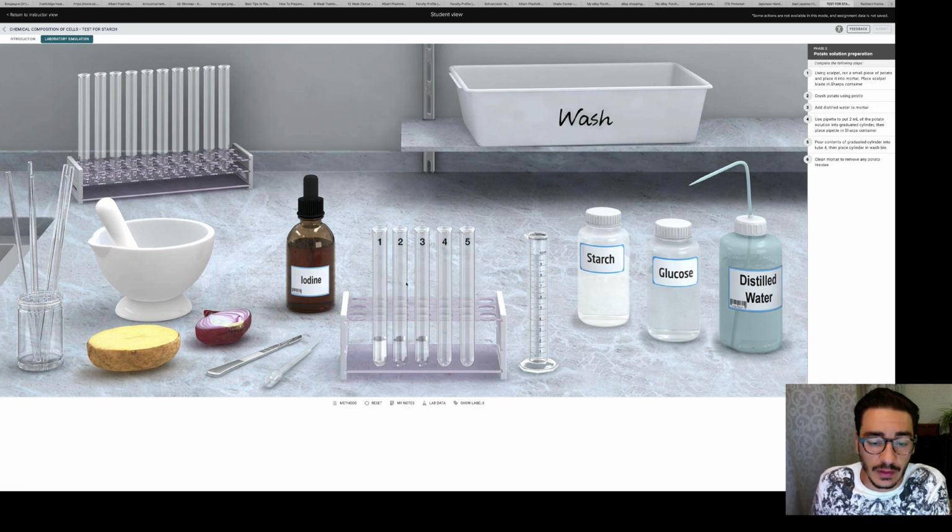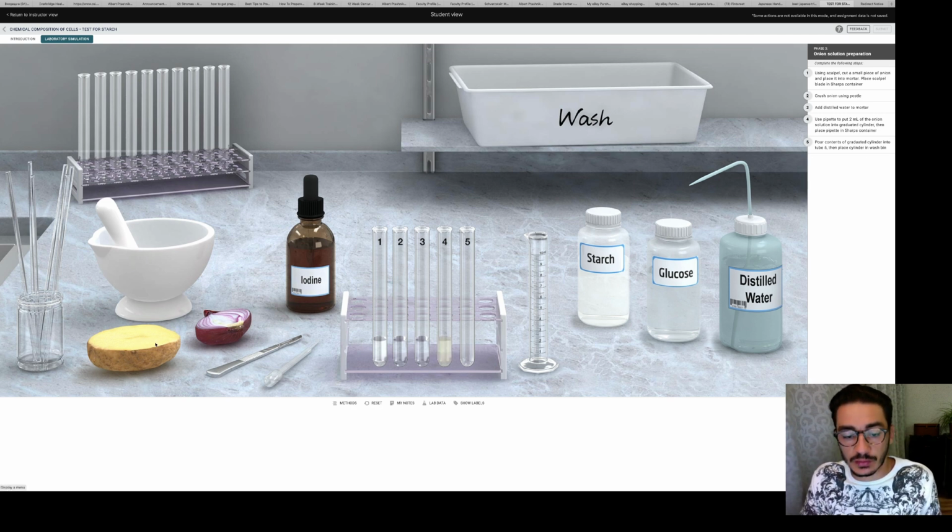So you get your 5 tubes, right? What do you have? You have starch, you have glucose, you have water, and then you have 2 samples to be tested for starch. This is a piece of onion, a piece of potato, right? I'm just going to skip the way to obtain the juice from the potato.